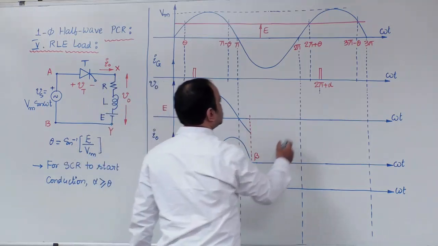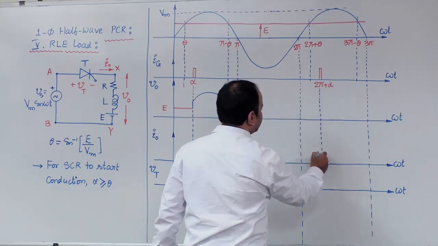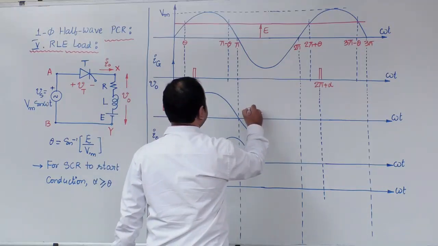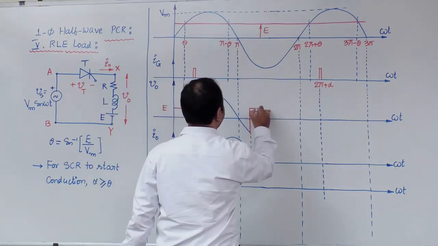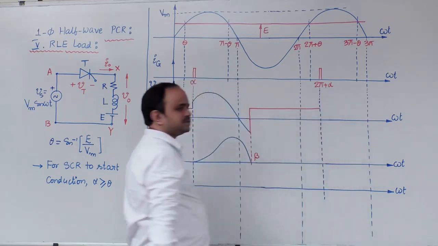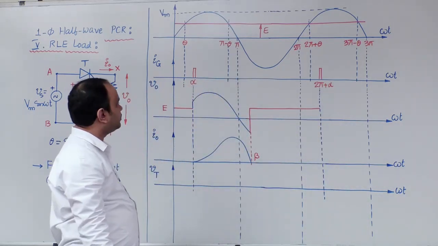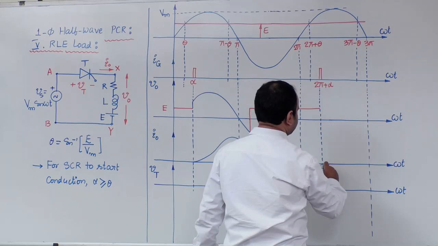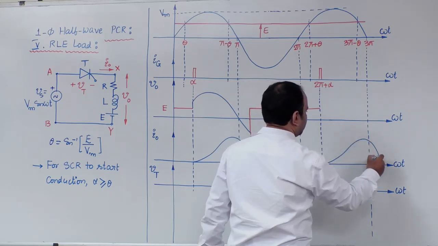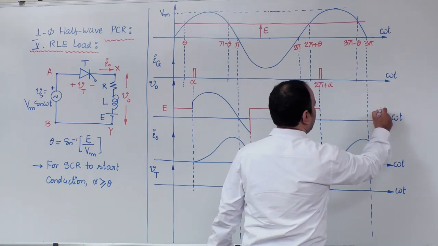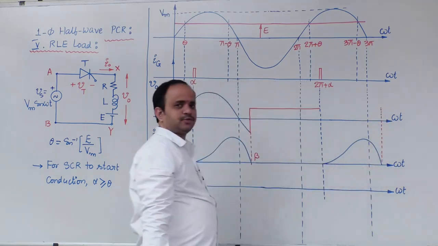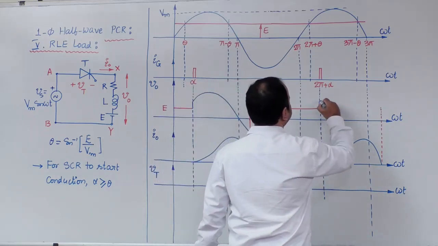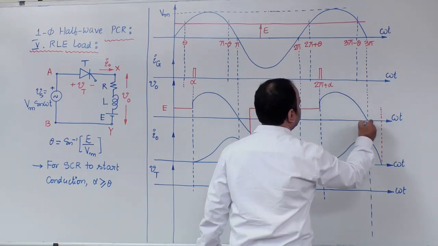So from beta to the instant the device triggers again in the next cycle, the output voltage will be the same as the load EMF E. Next, at 2 pi plus alpha, when the device is triggered again, the output current will have sinusoidal and exponentially decaying components, so the output voltage will be something like this.